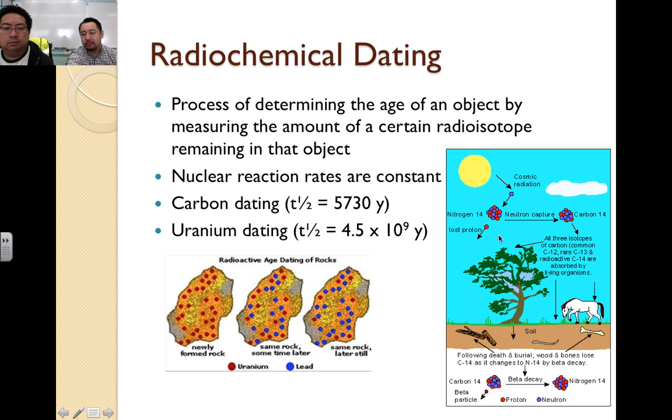The diagram to the right shows you where radioisotope carbon 14 comes from, and this is also entering your body at all times. As you can see in the diagram, cosmic radiation bombards nitrogen in the upper atmosphere, which turns into carbon 14.